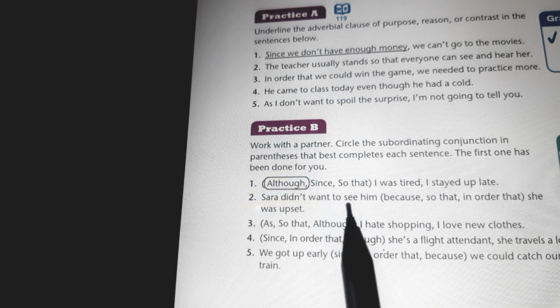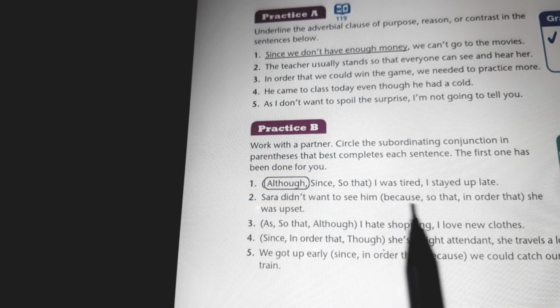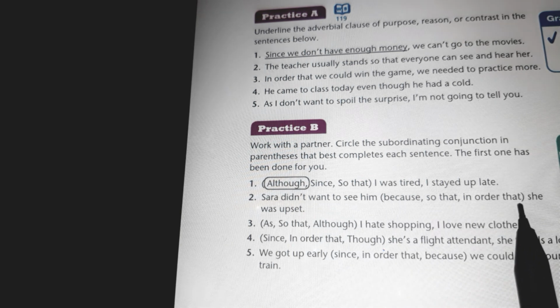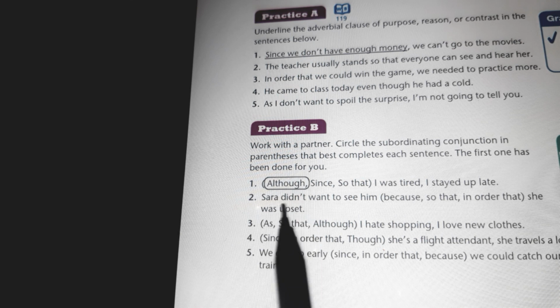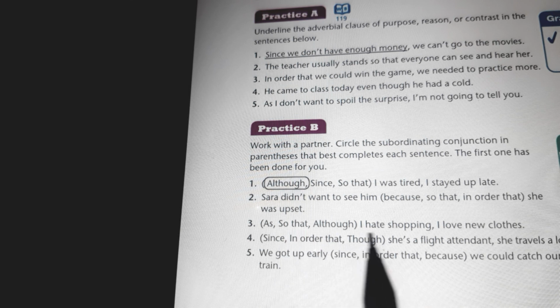Sarah didn't want to see him because, so that, in order that, she was upset. Okay? I need you to choose and show me your answer later. Number 3, as, so that, although I hate shopping, I love new clothes.